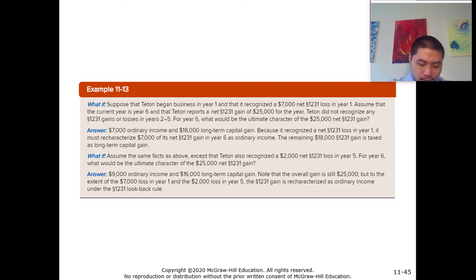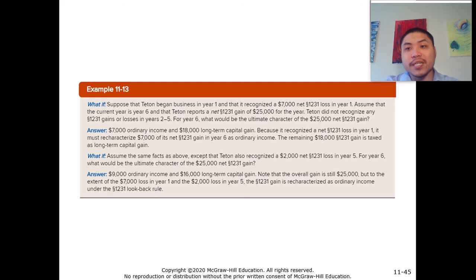So in this problem, the only loss amount that we have in the 5 years prior to the current year is the net loss in year 1, the net loss of $7,000. So out of this $25,000 net Section 1231 gain, $7,000 is going to be recharacterized as ordinary income.